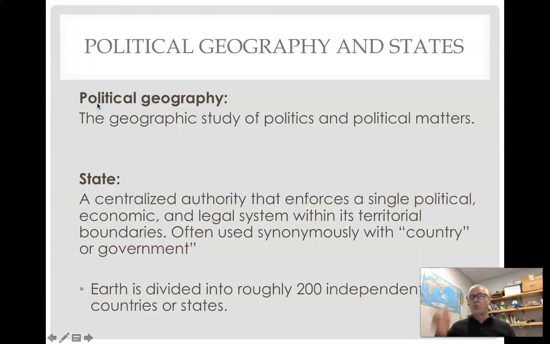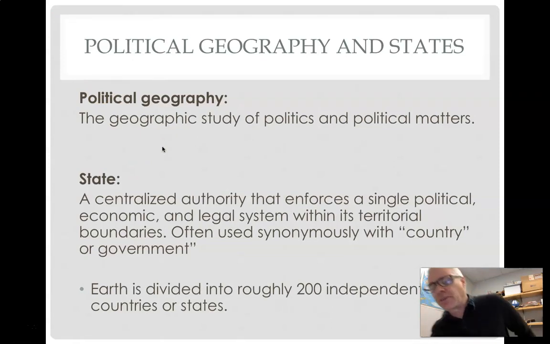In this section, though, I just wanted to talk about a few different terms that are important to know. Some of them I'm going to breeze over pretty quickly because we've already talked about them in class. But first of all, when I say political geography, it's essentially just the geographic study of politics. Who would have thought, right? And political matters.